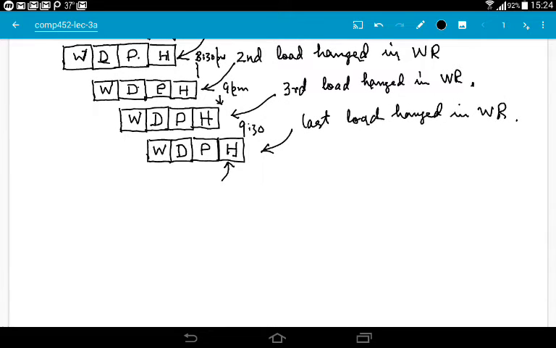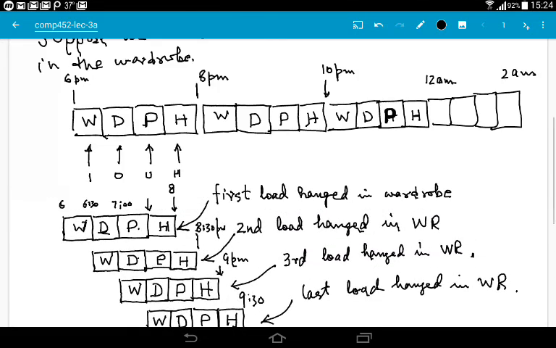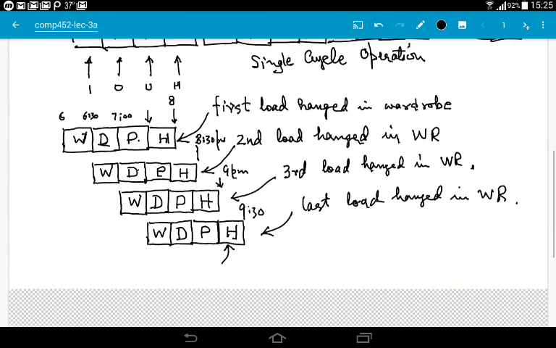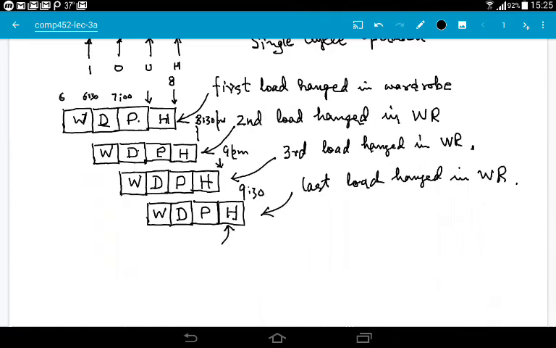This style is called a single cycle operation. You first complete one set of load and then start with the second one. And this is the pipelined approach.